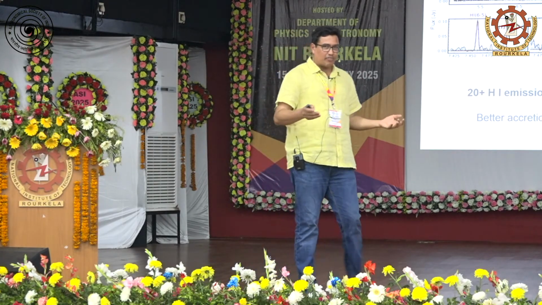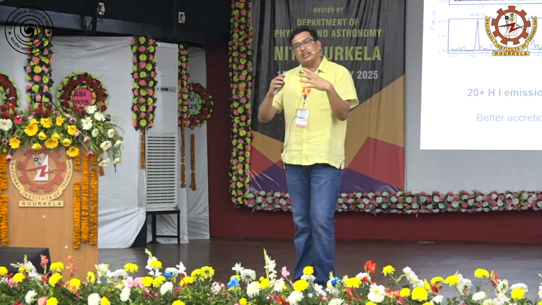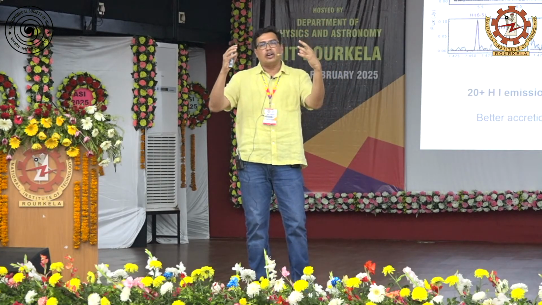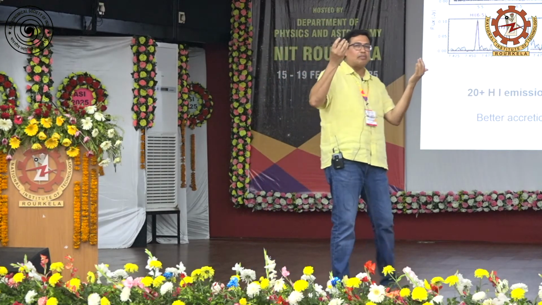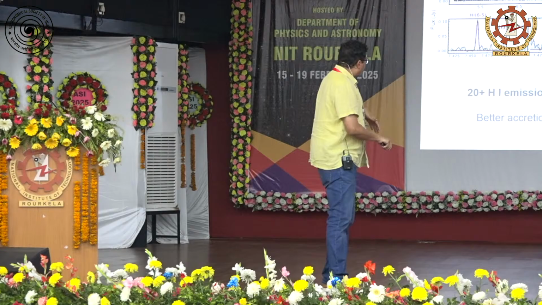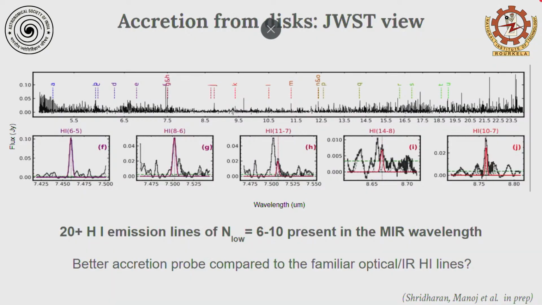Then it's also that the jets also emit H alpha and Brackett gamma and Paschen beta, whereas for the mid-infrared lines, the higher hydrogen lines, the Pfund series and Humphreys series and higher, the contribution from jets is minimal. So they mostly trace accretion.